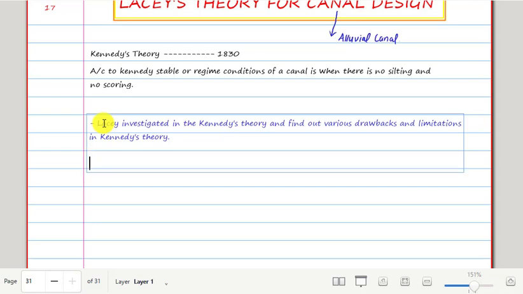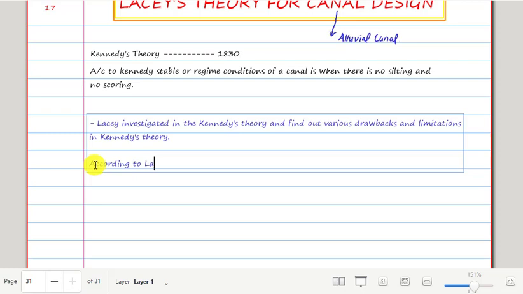As we know, according to Kennedy, as we have written here, the stable or regime condition of a canal is when there is no silting and no scouring. But Lacey contradicted this statement, and he gave his own statement.